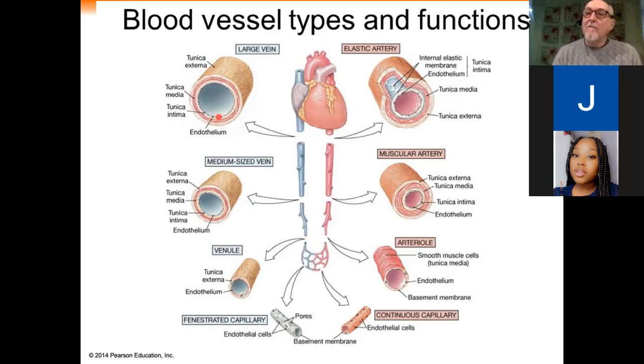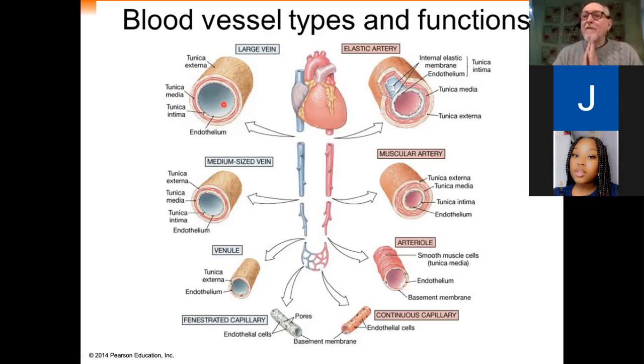And at the moment, this is a layer we should be very, very interested in, because it's made of cells called the endothelial cells, and it's often called the endothelium. And it's the layer on the inside of all of our vessels, both veins and arteries. And it has a special structure.